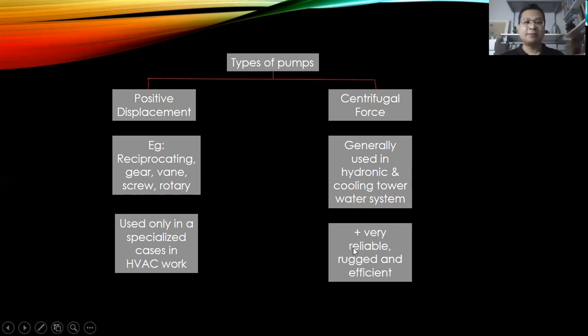The centrifugal type we see in the application of hydronic and cooling tower water systems, and positive displacement is very reliable, rugged, and efficient. This one is a more specific application.